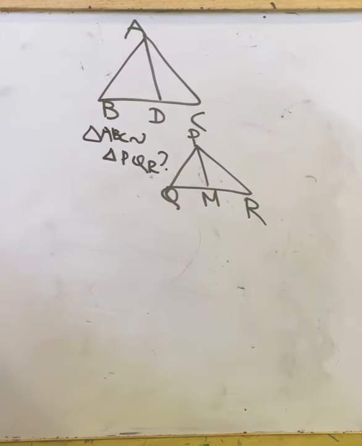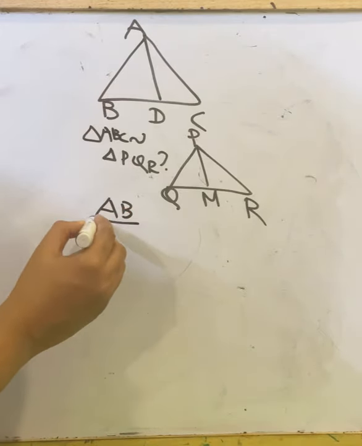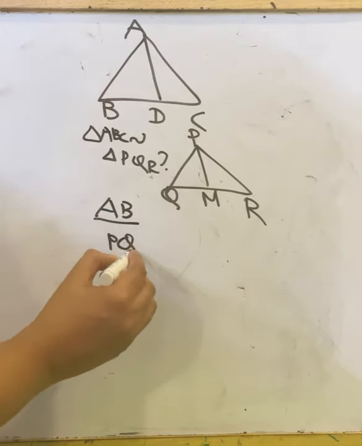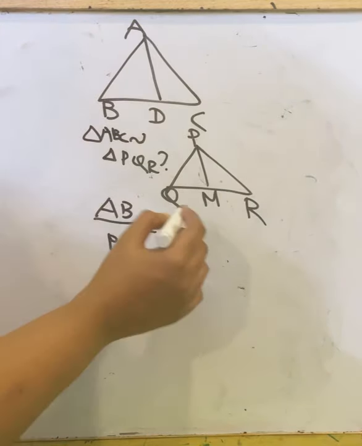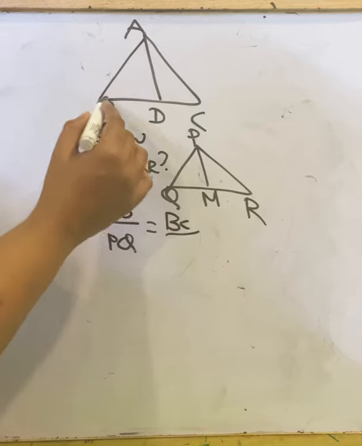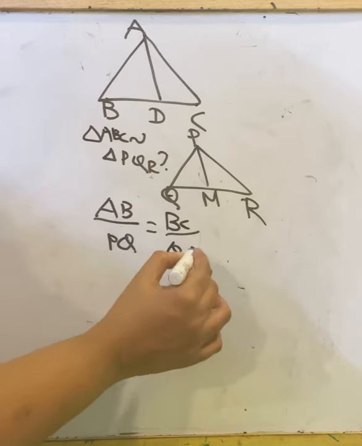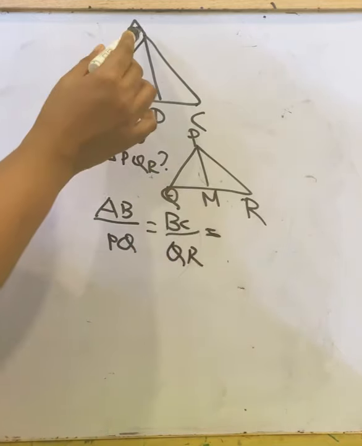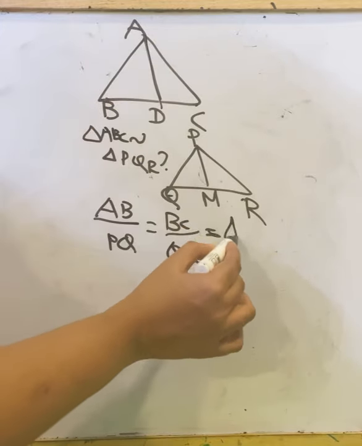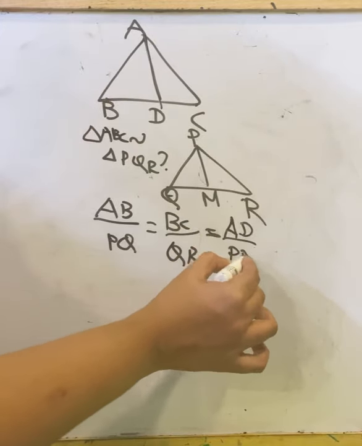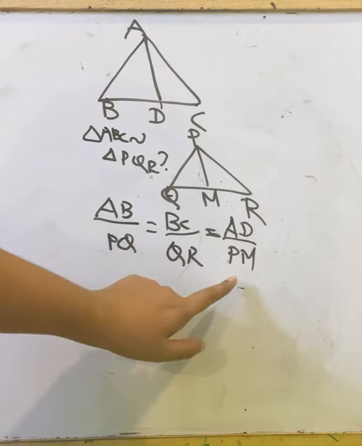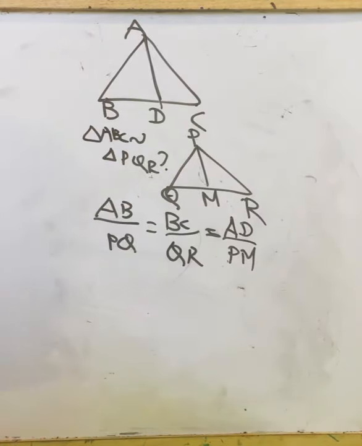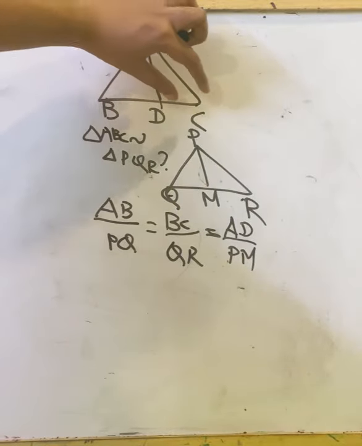Here it is given the proportionality AB by PQ equals BC by QR equals, next, the medians AD by PM. This is given in the question, sides proportionality, but here it is the median.